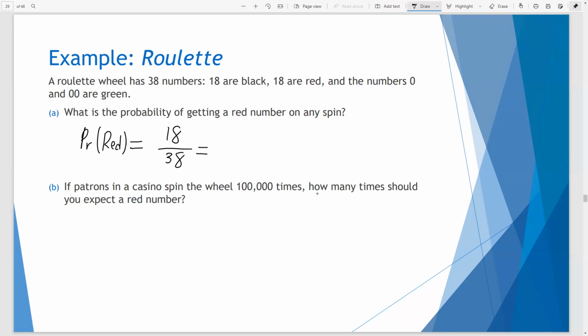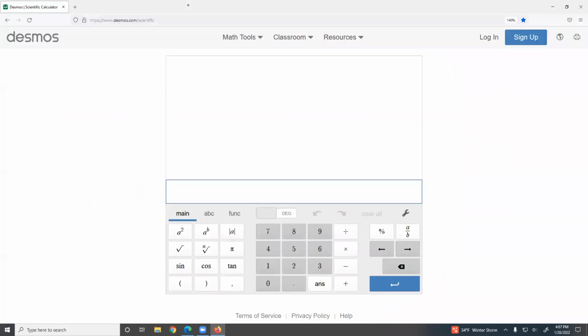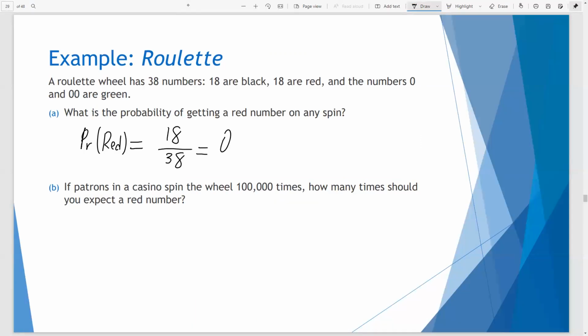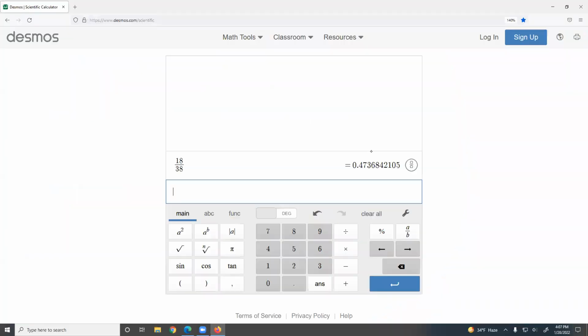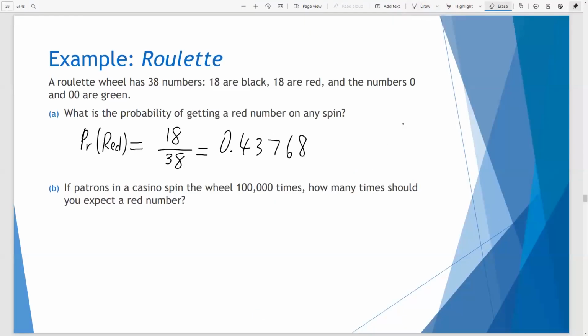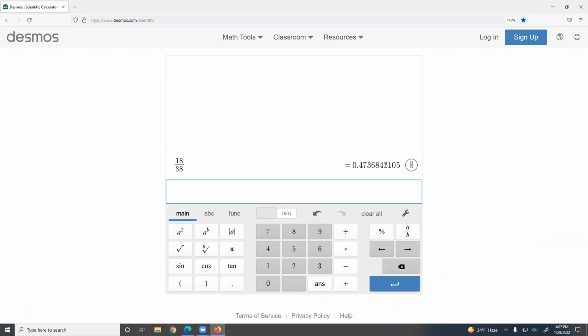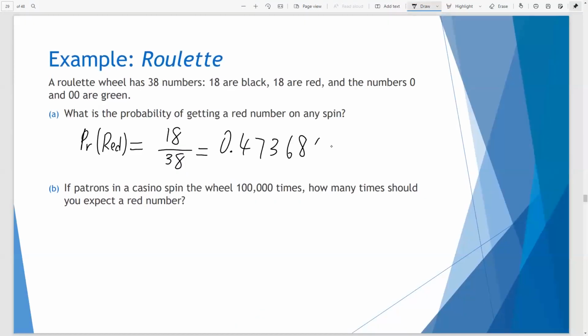If you want, you could keep it in decimals, or you could round it. Record this number: 0.47368421.